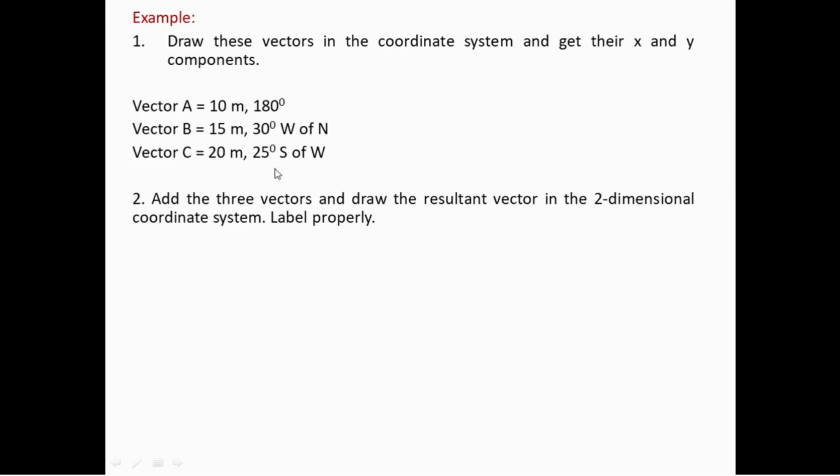And after that, you have to add the three vectors and draw the resultant vector in the two-dimensional coordinate system. And then you have to label them properly so that it would be clear for us which is the vector A, which is the vector B, and which is the vector C.